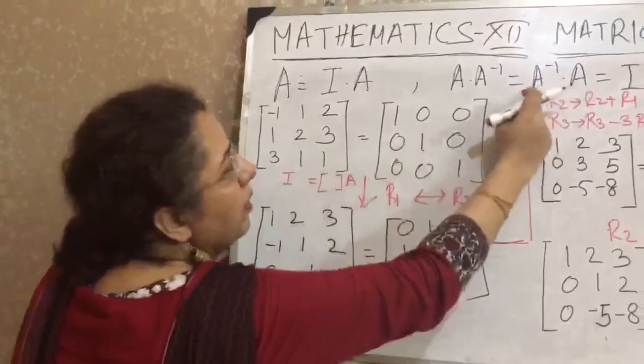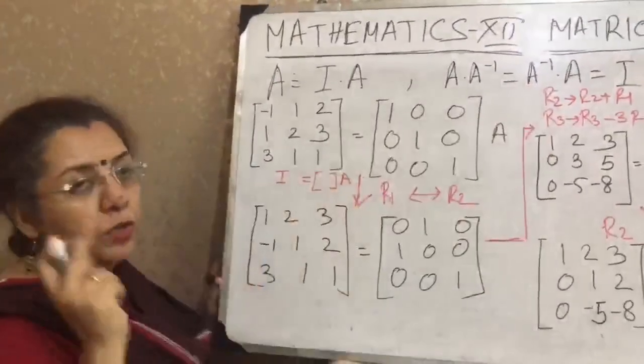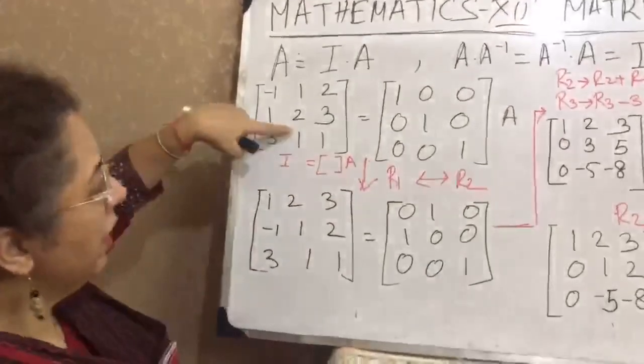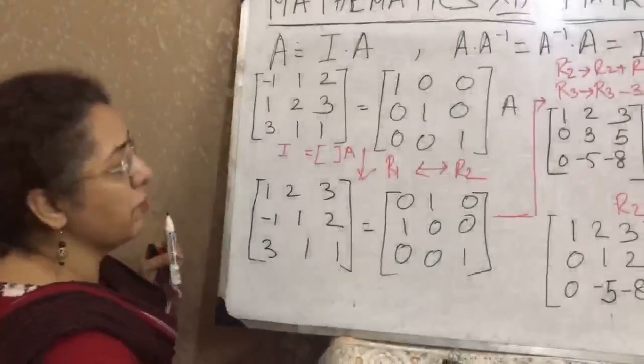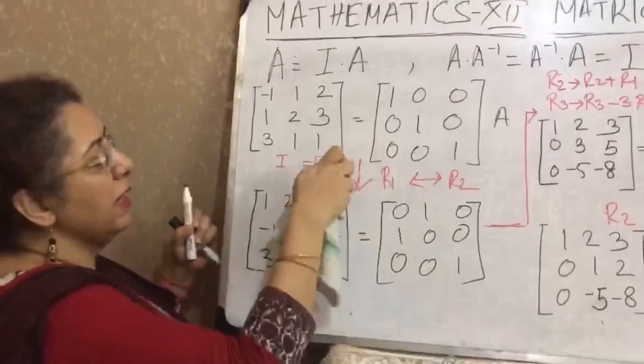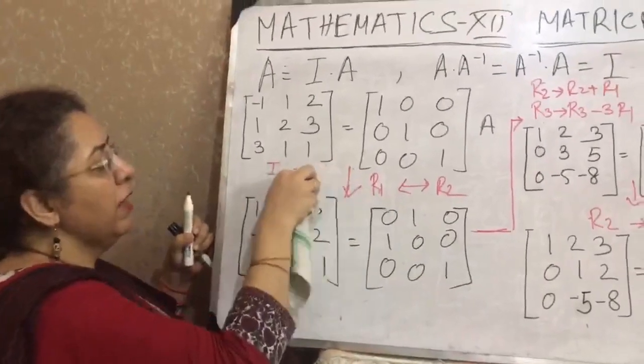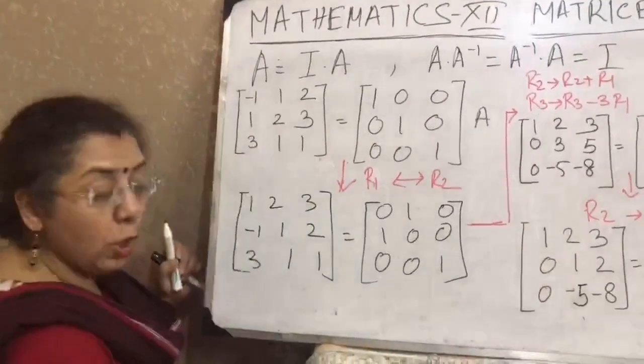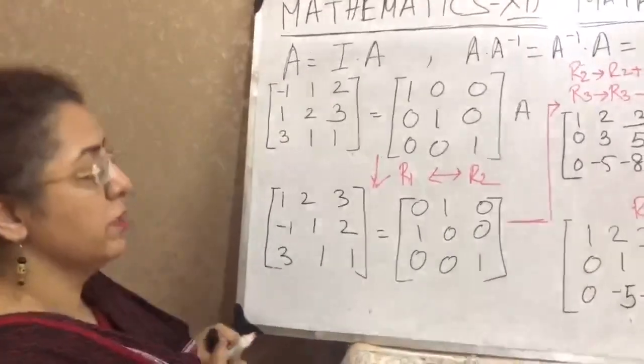If we compare, it must be A inverse. So, now our aim is to convert this one into an I matrix, so that automatically this will be converted into an A inverse, but operation through rows, not through columns.